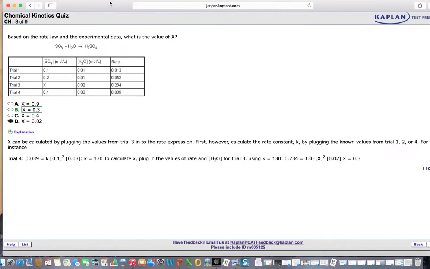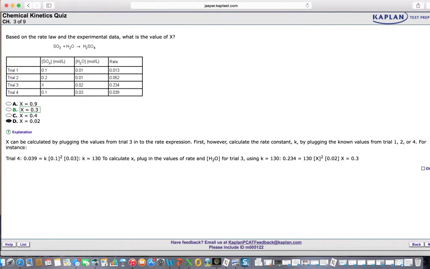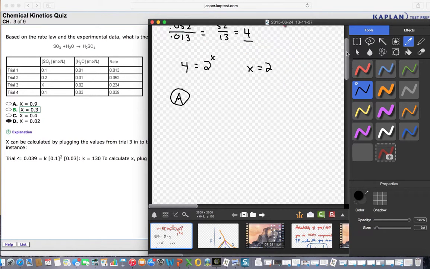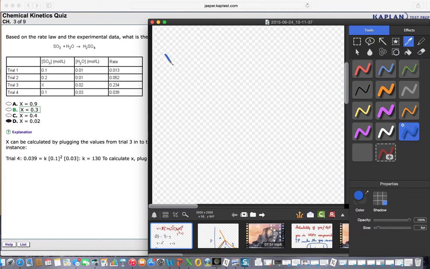Okay, so question number 3, we have the same data table, and it's important to remember we have the same reaction, and our previous answer gave us our kinetic rate law. So let's rewrite our answer from A. V equals K times the concentration of SO3 to the second power times the concentration of H2O.